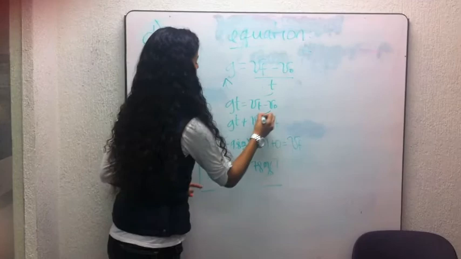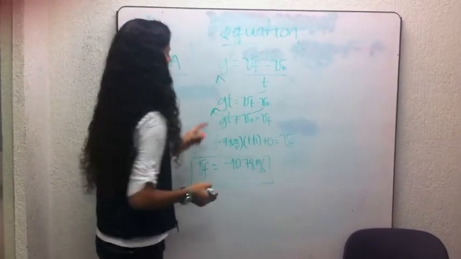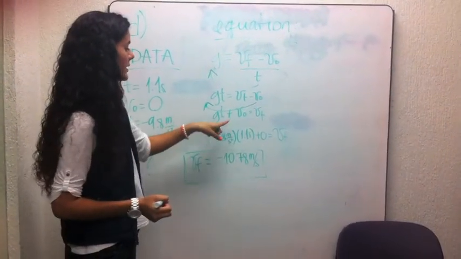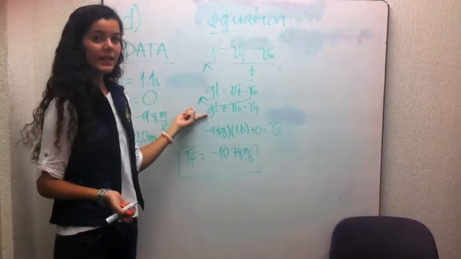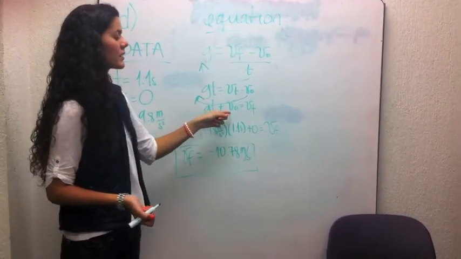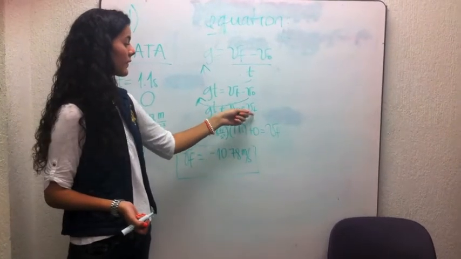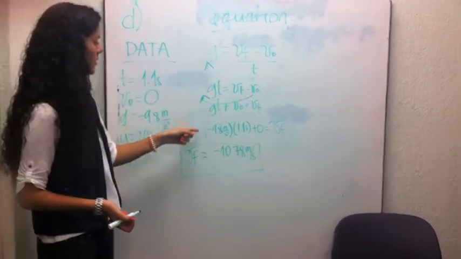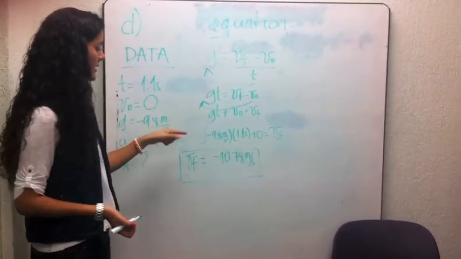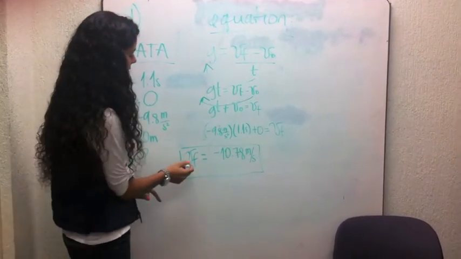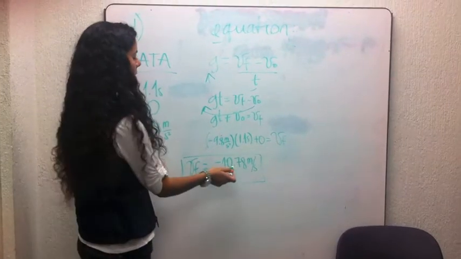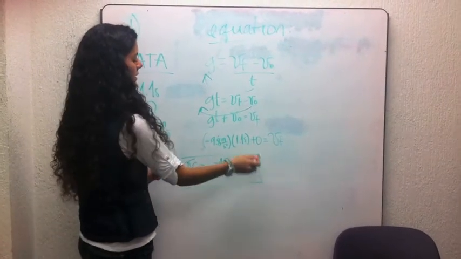We pass the initial velocity to the other side, adding it. So now it's gravity times time plus initial velocity equal to final velocity. Now we substitute the letters for the numbers and multiply those, and the final velocity is equal to minus 10.78 meters per second.